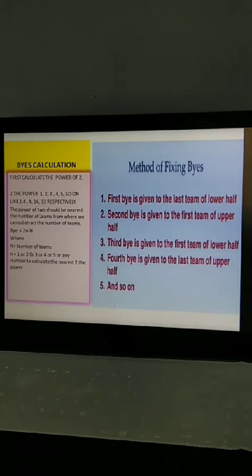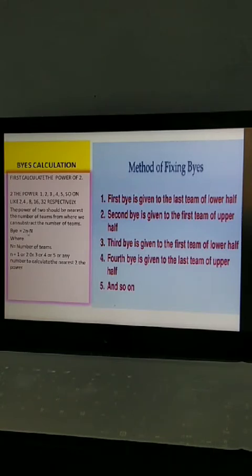The power of 2 should be the nearest number to the number of teams, from which we can subtract the number of teams, because byes y is equal to 2 to the power n minus N. The small n we can take, instead of this small n sometimes it is taken as x.